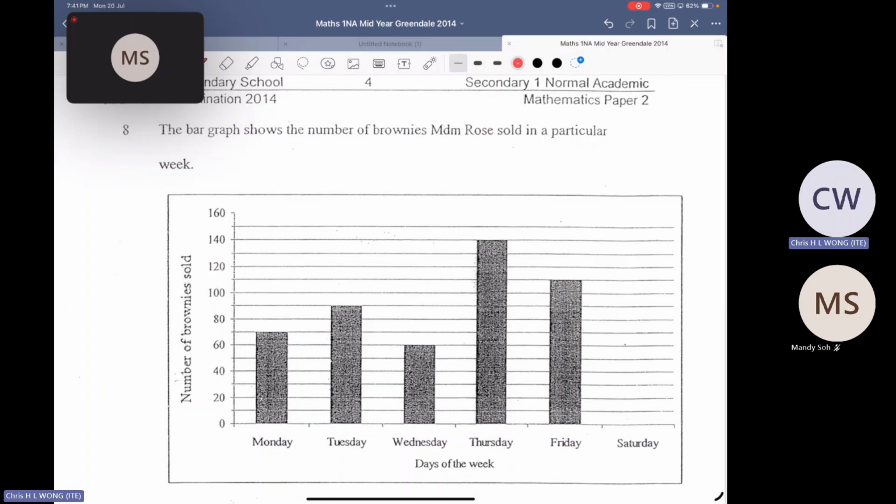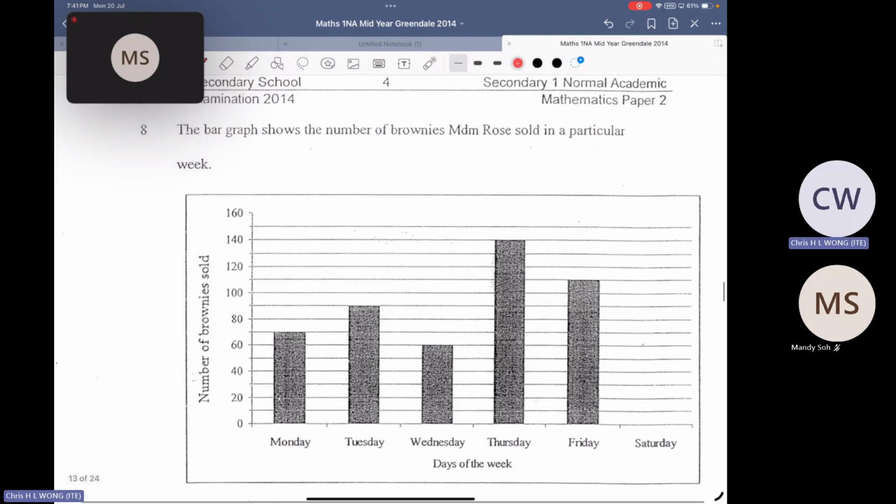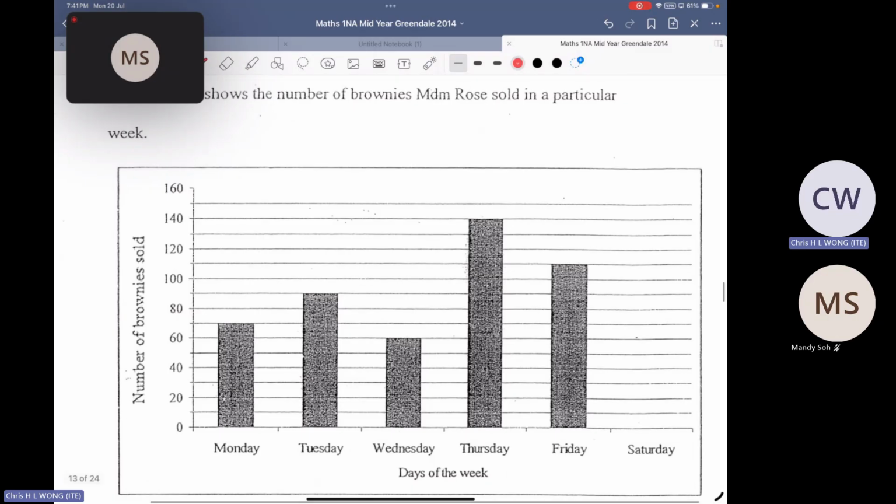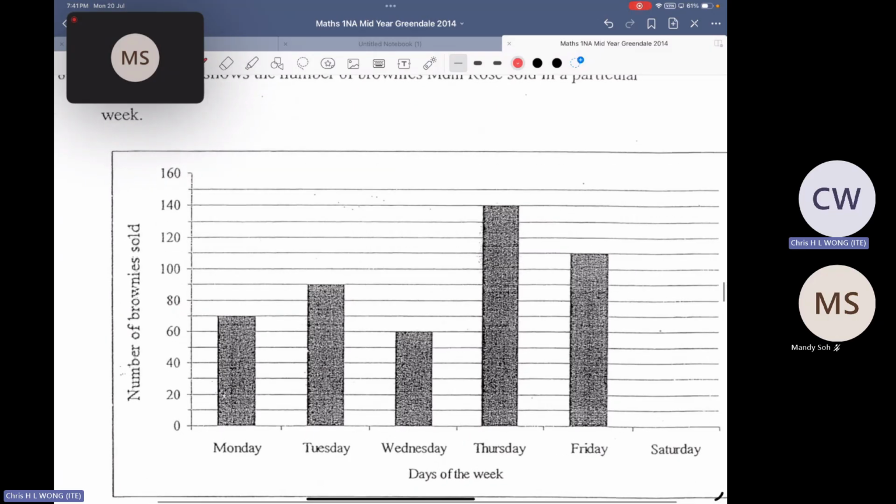In a statistic problem, when you see a graph or anything with statistic, write down the value first. Remember I told you, right? Write down the value first. First one, Monday. Number of brownies sold on Monday. How many? 70, is it?